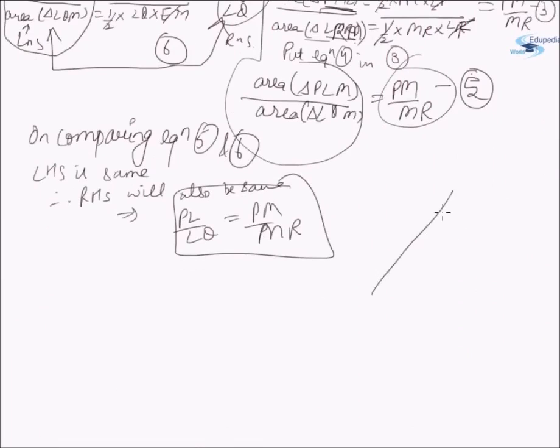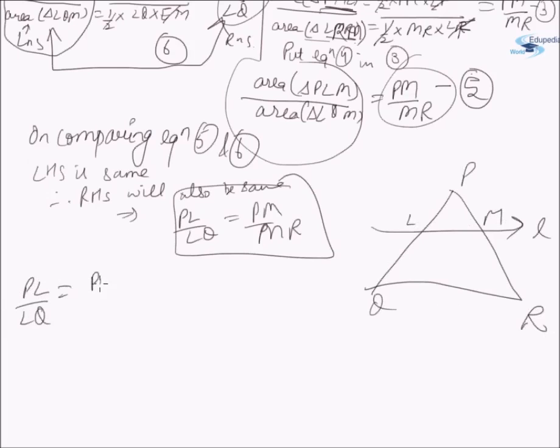That is, if we were given the triangle and a parallel line intersecting at L and M, then PL over LQ is equal to PM over MR. Now friends, there are also subparts from this theorem. Let this proved part be equation 7. Add numerical 1 to both sides.